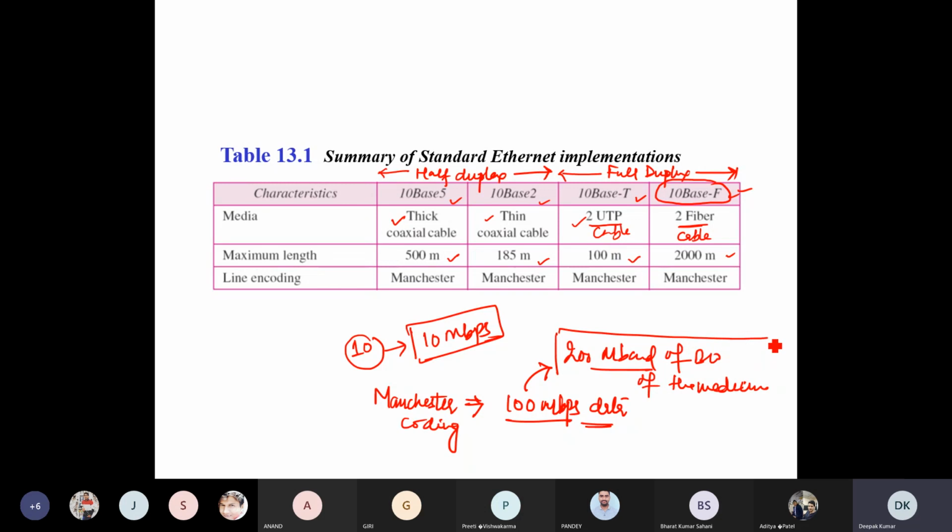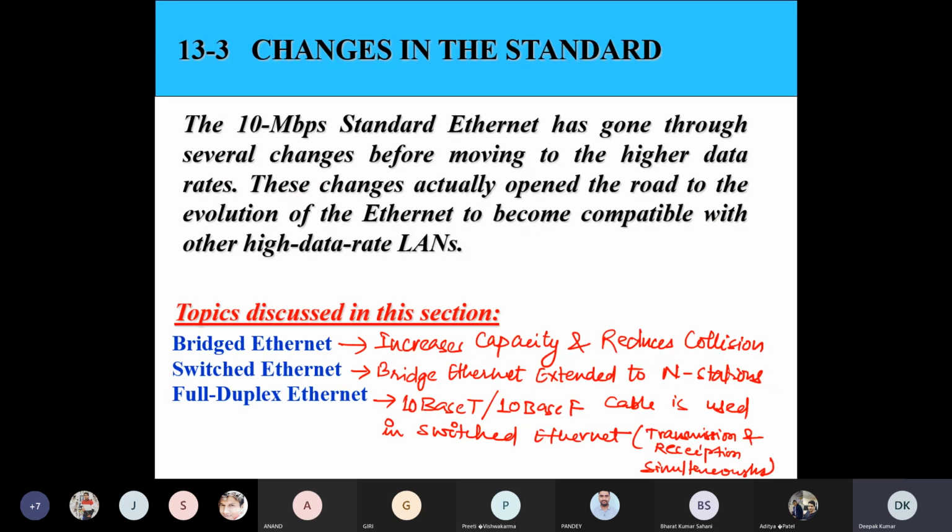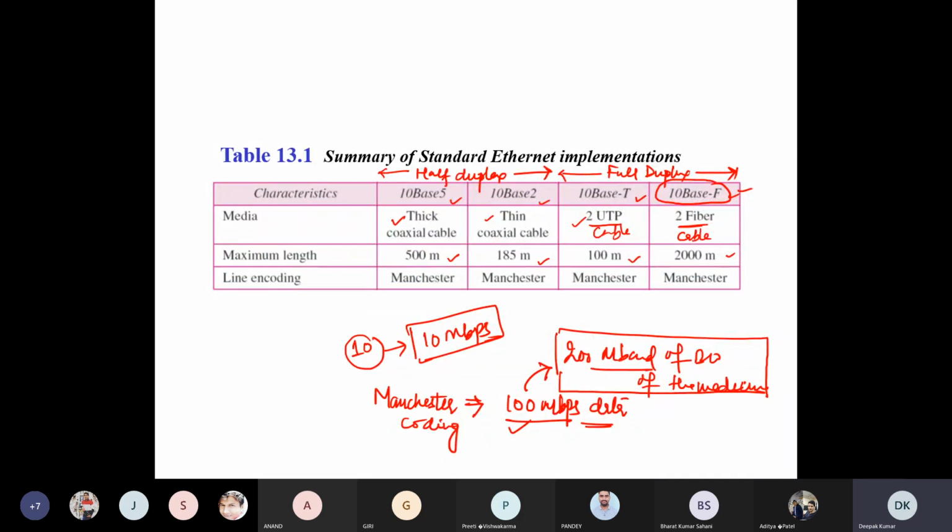It means whenever you have to improve the transmission efficiency, or go to other techniques which can support a larger data rate, you cannot use this type of coding technique. We will discuss this in further detail. So this was all about the previous lecture.